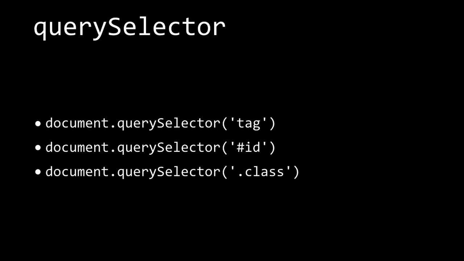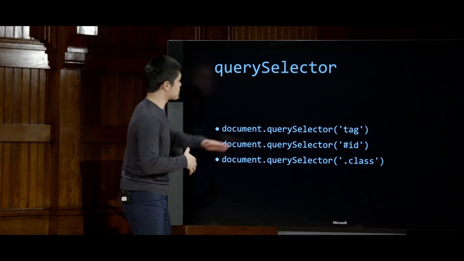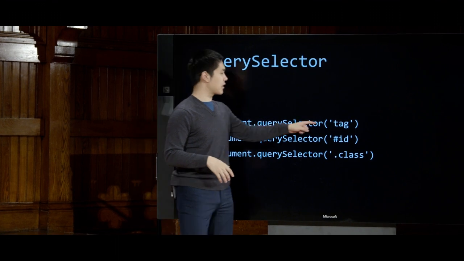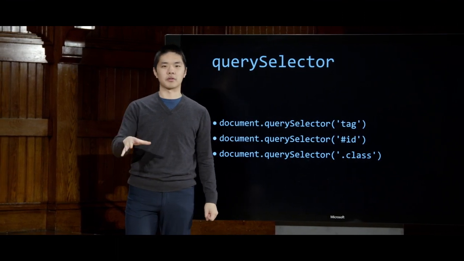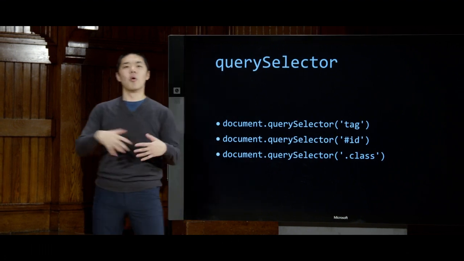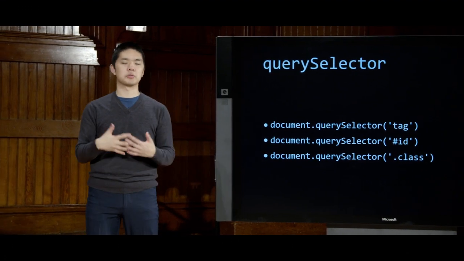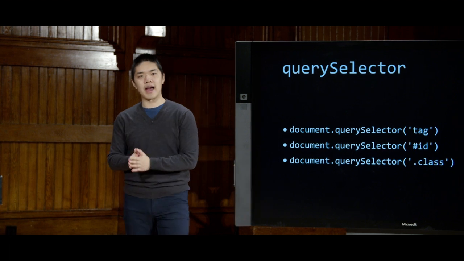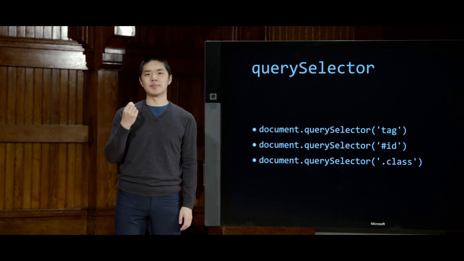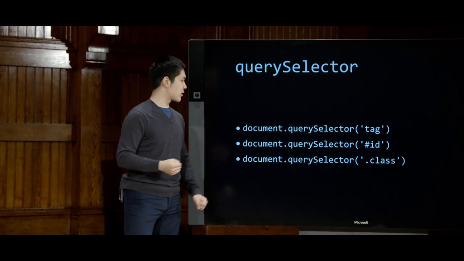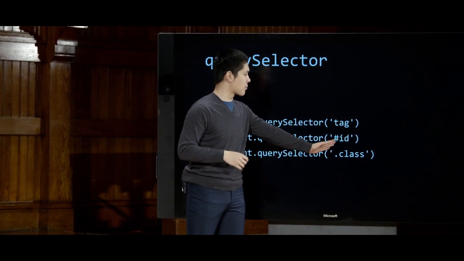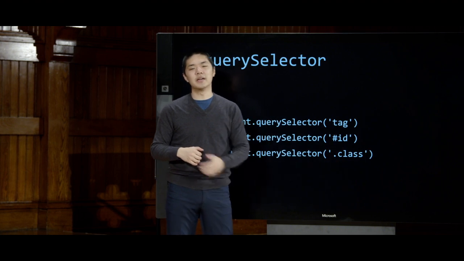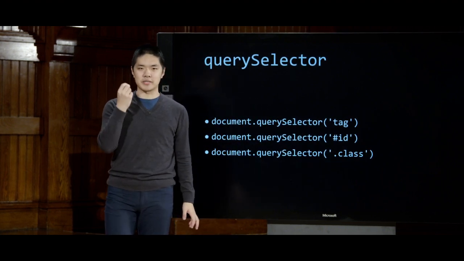And document.querySelector works the same way, that I can say document.querySelector and pass in a tag to say, get me the h1 element, or get me the button, or get me the form. But if there are multiple h1 elements or multiple buttons or multiple forms, I can be more specific than that if, for example, an element has an ID. In which case I can say document.querySelector, and then in quotation marks, the hash mark, and then the name of the ID, to say, get me the element with that particular ID.